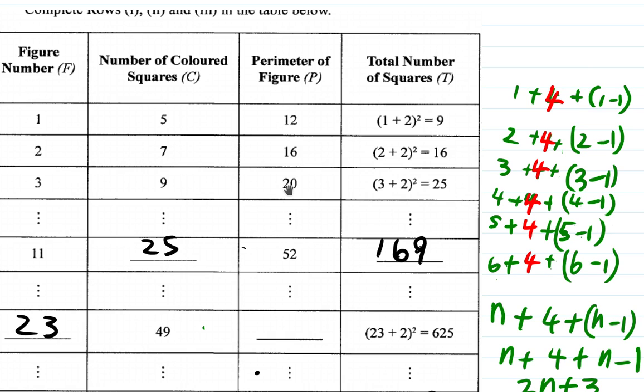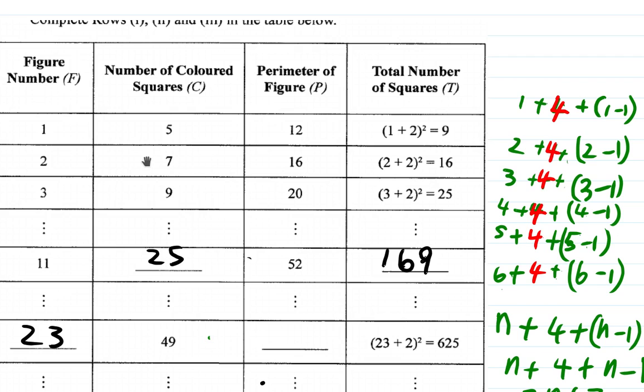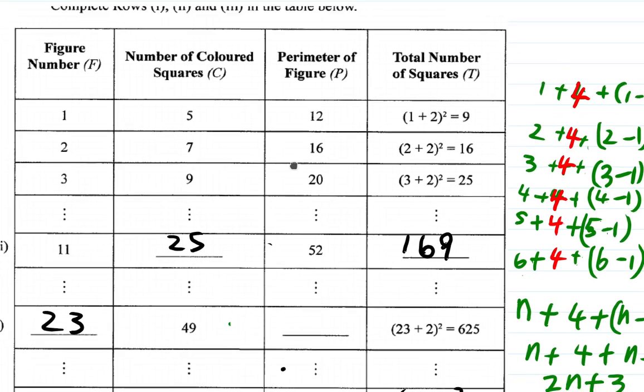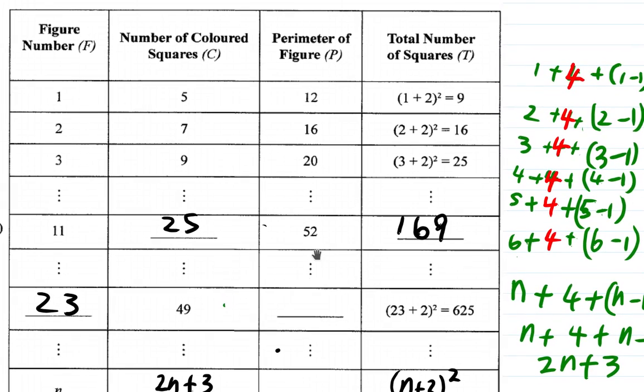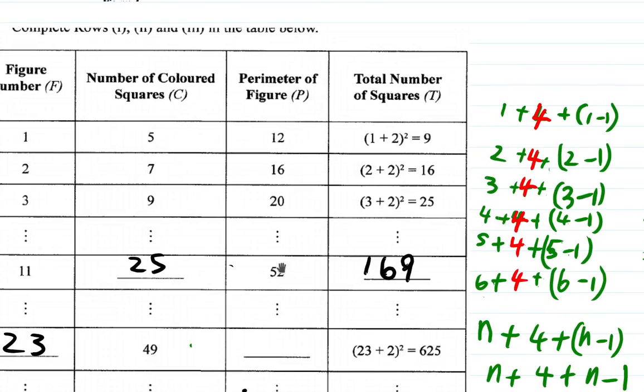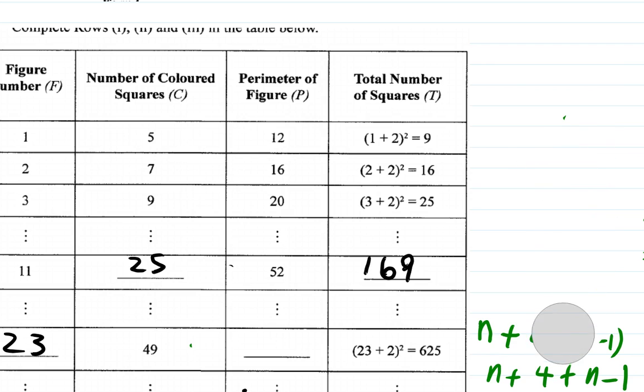Now, here, in terms of the perimeter, getting the perimeter of this figure, let's see how we can deal with it. Let's deal with it over here in getting the perimeter of the figure.